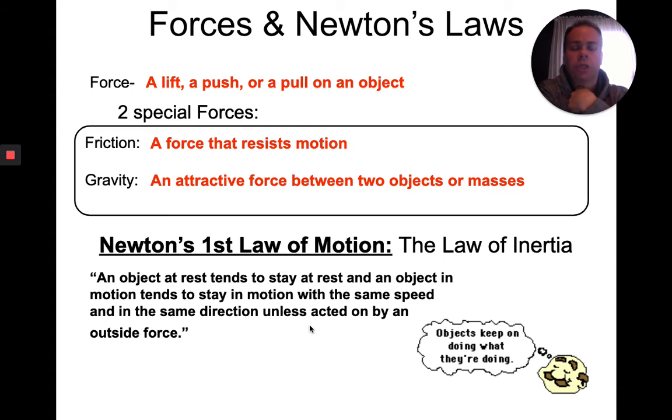This is called inertia. Basically what it's saying is that objects that are moving or that are still will continue to do whatever it is they're doing unless some force changes that. For example, if you have my coffee mug here.